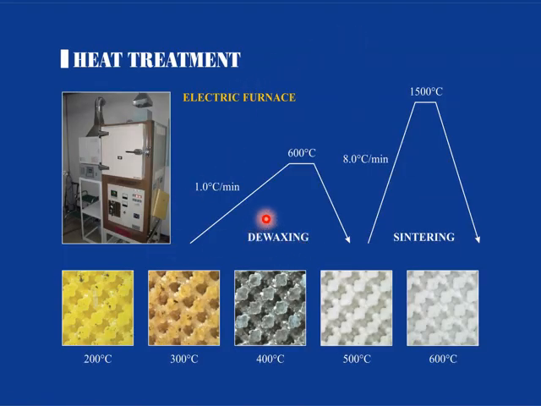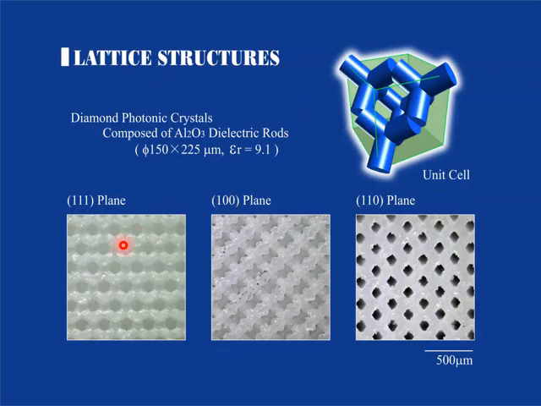By using a conventional dewaxing and sintering process, we can create full ceramic three-dimensional structures. After a higher temperature sintering process, we can create the full ceramic diamond lattice. You can see the diamond planes 111, 100, and 110.